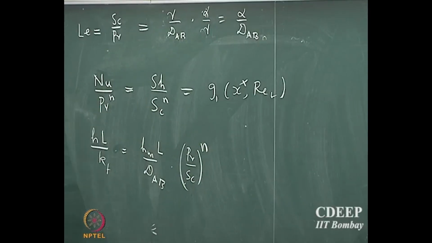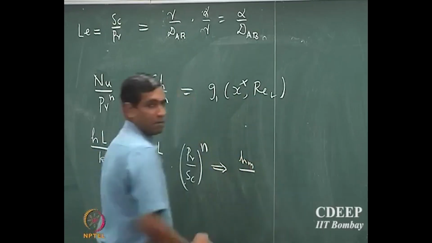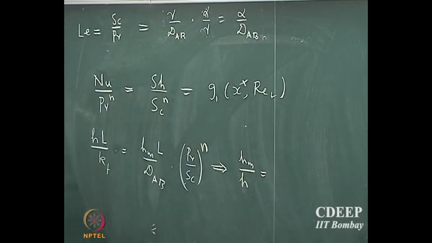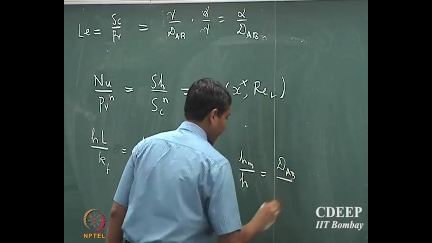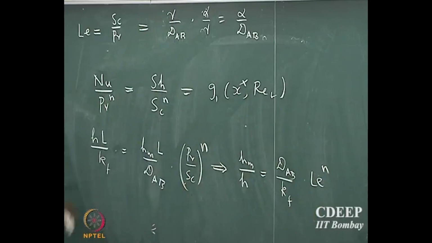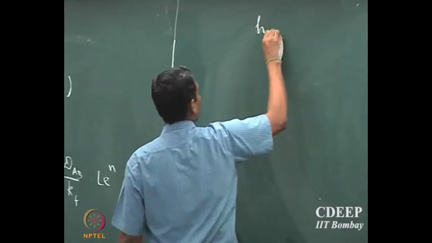So from here, Hm, which is the mass transport coefficient, divided by the heat transport coefficient, that ratio is given by DAB by Kf into Lewis number to the power of n. We know that the Lewis number is Schmidt by Prandtl. So Hm by H.